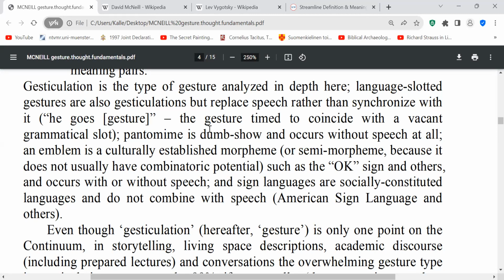And sign languages are socially constituted languages and do not combine with speech.